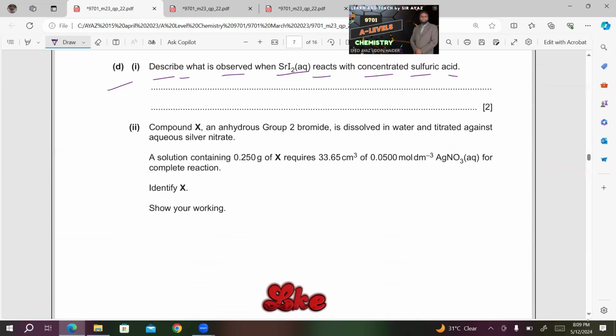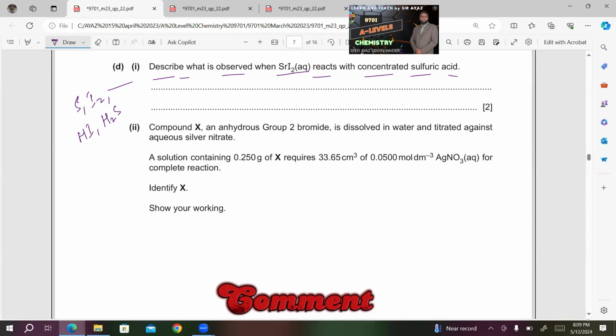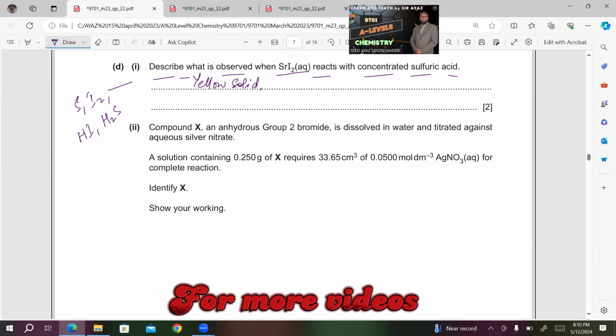Like we will be getting sulfur, iodine, hydrogen iodide, H2S gas, hydrogen sulfide, and some insoluble precipitates also. So for sulfur, it must be produced as yellow solid. So you'll write yellow solid here.